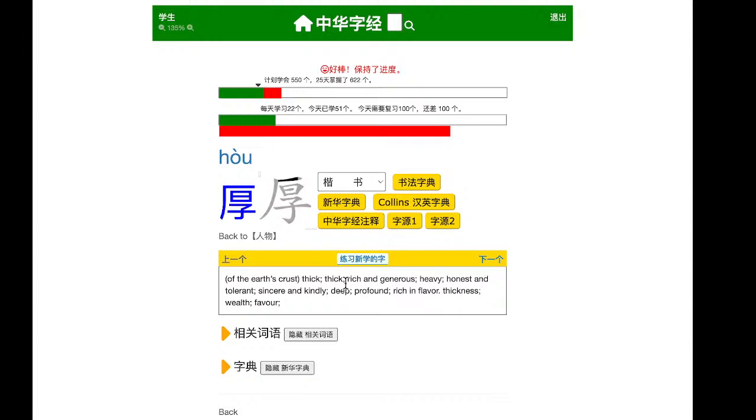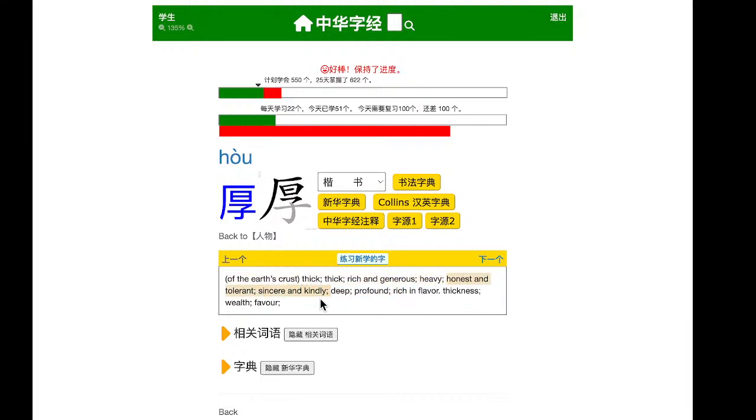That doesn't explain anything. Like having the dimension of thickness compared to its width or its surface area. Rich and generous, honest and tolerant, sincere and kindly, deep, profound, wealth or favor. These are the meanings that we're talking about in terms of a person's character.